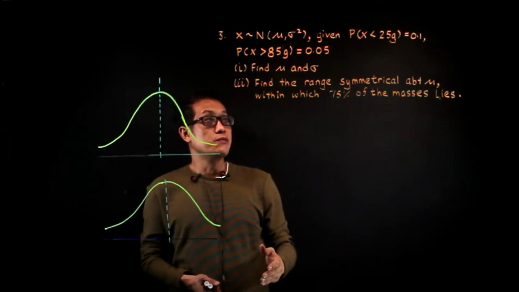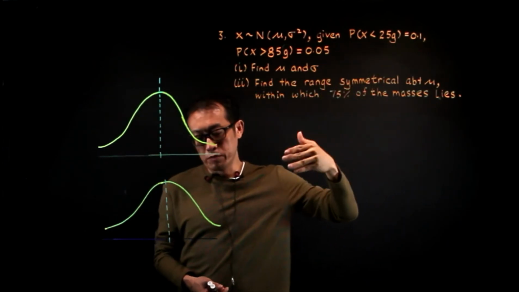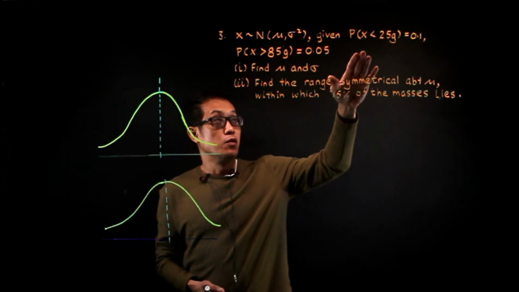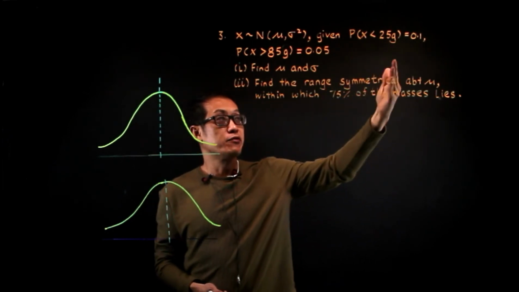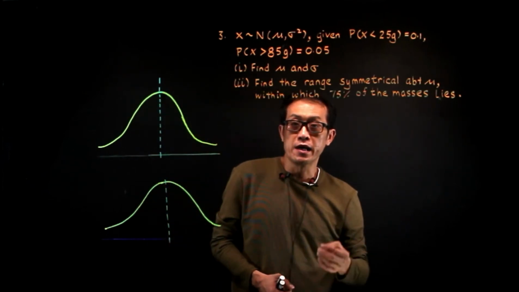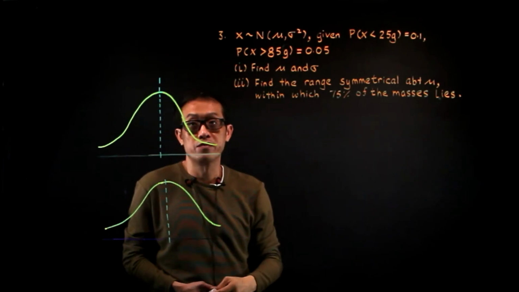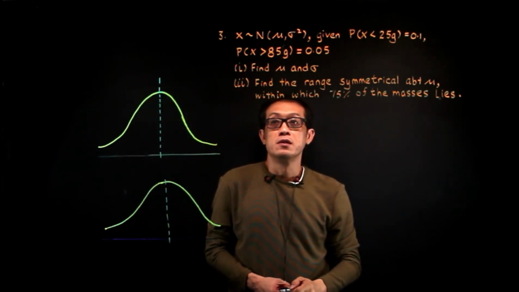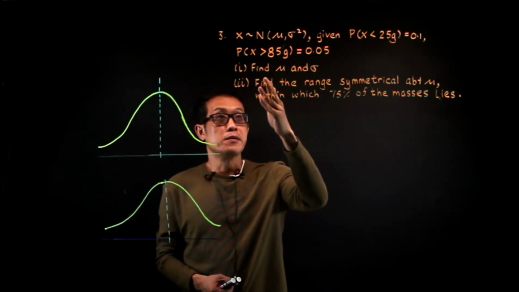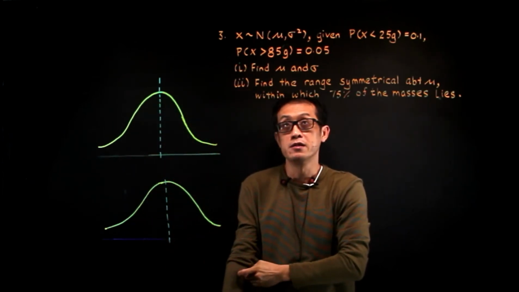Now, it is also given that the probability of X, the object that is produced, being less than 25 gram is 0.1, and the probability that the object is greater than 85 gram is 0.05. You are asked to find mu and sigma, that is the mean and its standard deviation.